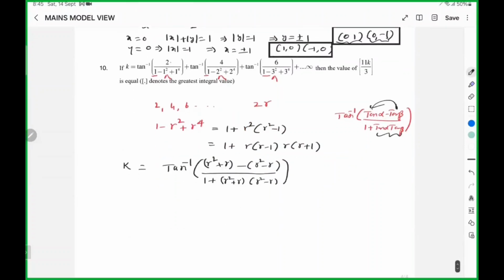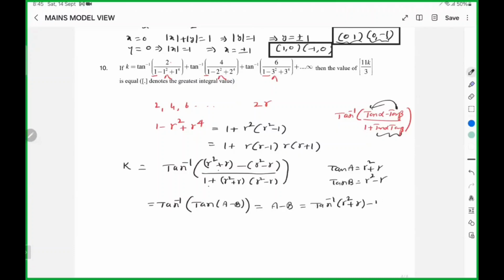So it is of the form tan A minus tan B by 1 plus tan A tan B. Tan inverse of tan of A minus B, assuming tan A as r square plus r, tan B as r square minus r, which I can write tan inverse of r square plus r minus tan inverse of r square minus r.